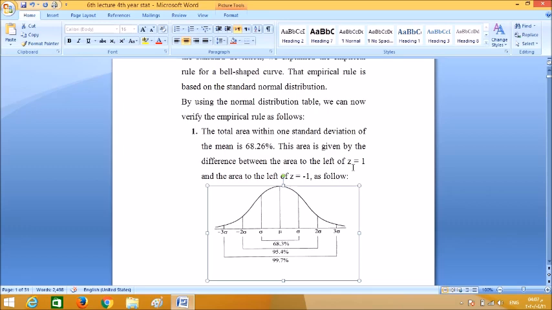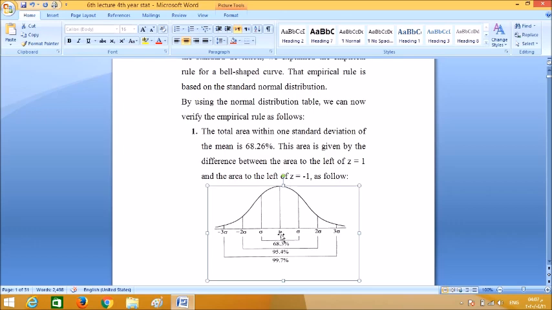So here, instead of sigma, Z equals minus 1, and here, instead of sigma, Z equals 1, and instead of mu, in the standard normal distribution, mu equals 0.